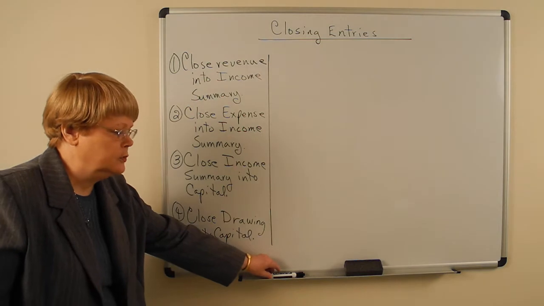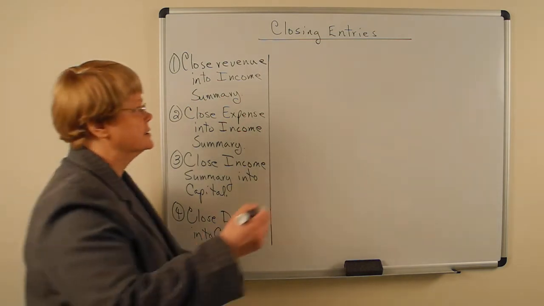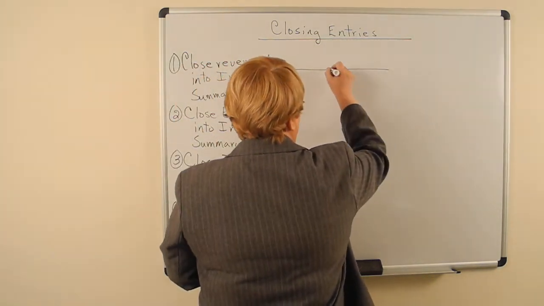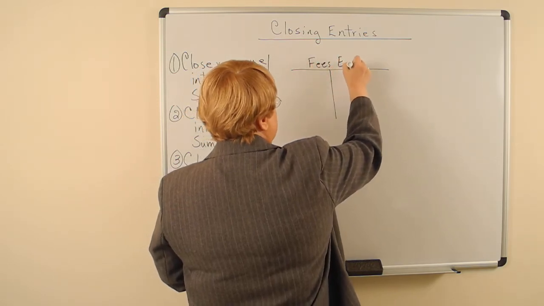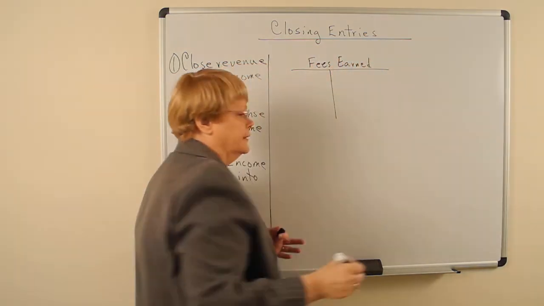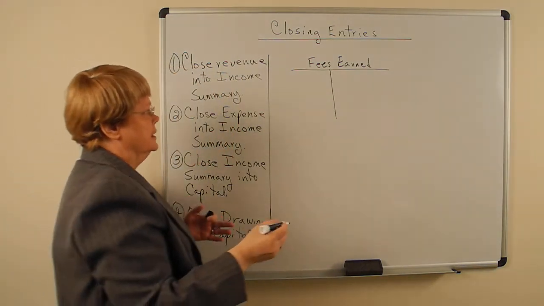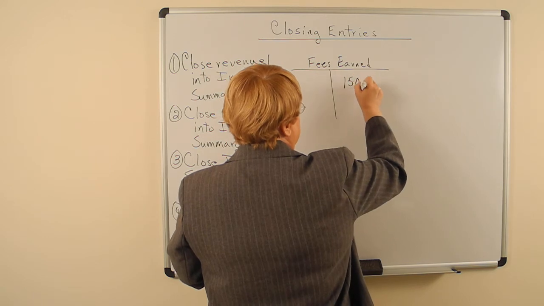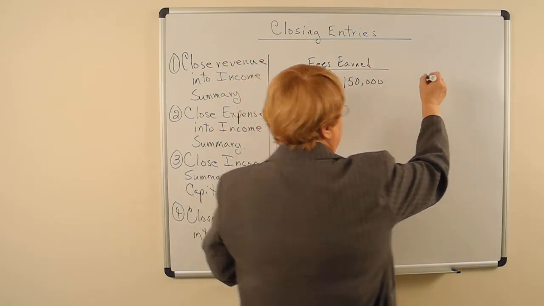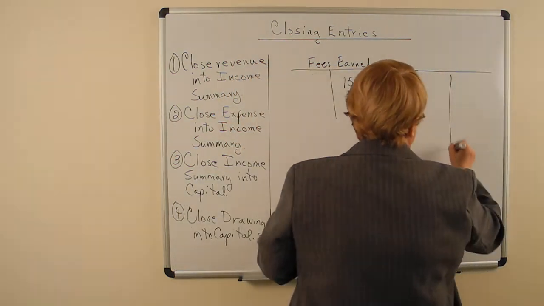Now looking at the first one, all the revenue accounts are going to have credit balances. Fees earned would be 1, and sometimes that's the only one you have, at least in this level of accounting that we're doing right now. So let's say we had a balance in fees earned of $150,000. Over here we're going to have our income summary account.